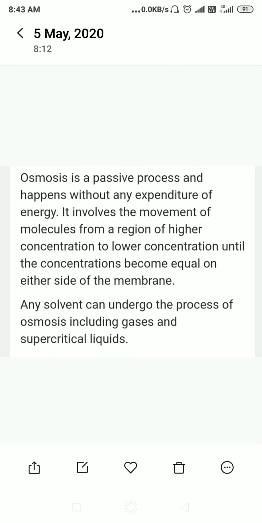So it is the nature of any molecule that whenever it does not reach equilibrium, that means equal concentration on either side of the membrane, up to that time the osmosis will carry on.